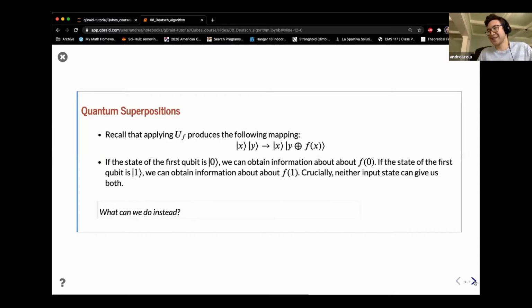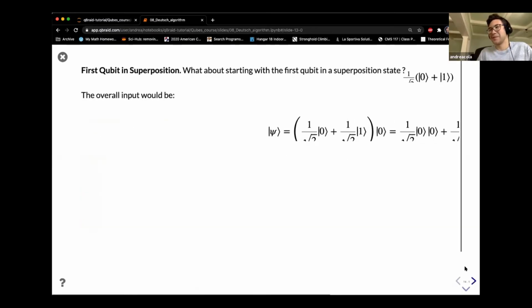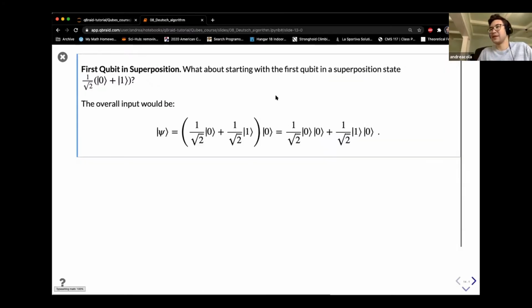So let's see. Yes, Anjali, that's correct. We'd use the Hadamard gate exactly. So what about if we start with the first qubit in the following superposition state?